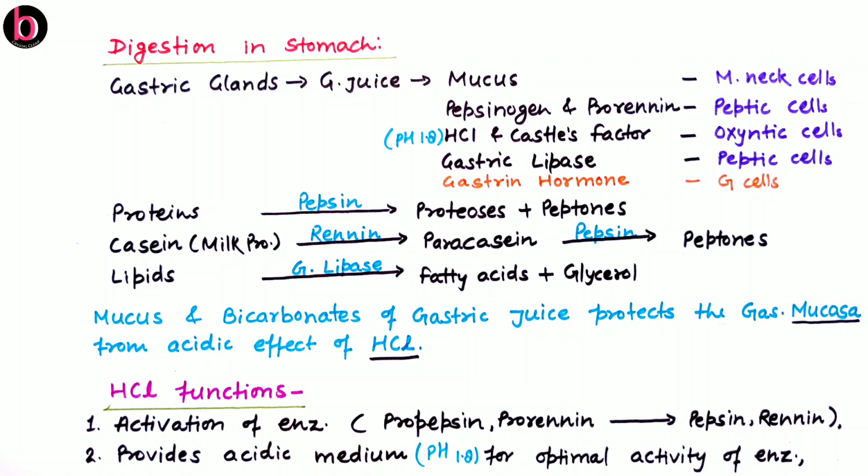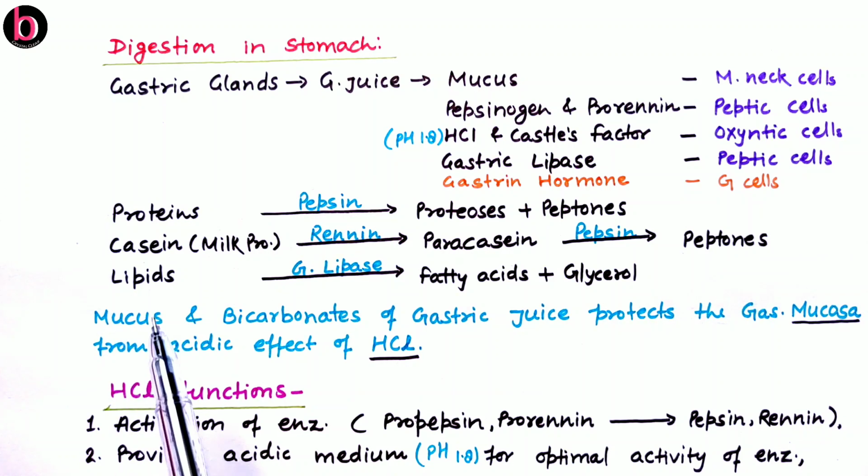In adults, there is no secretion of renin, and the function like milk protein casein digestion is performed directly by pepsin. Here renin is very important. The spelling is RENNIN. This is a digestive enzyme secreted by chief peptic or zymogen cells, while RENIN is a hormone that is secreted by the kidney.